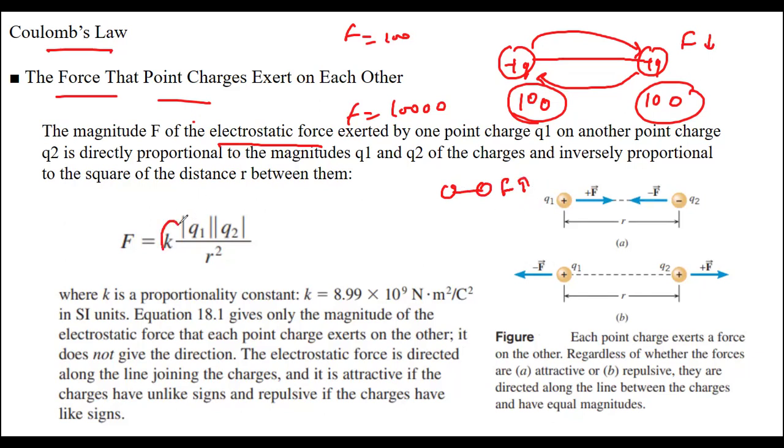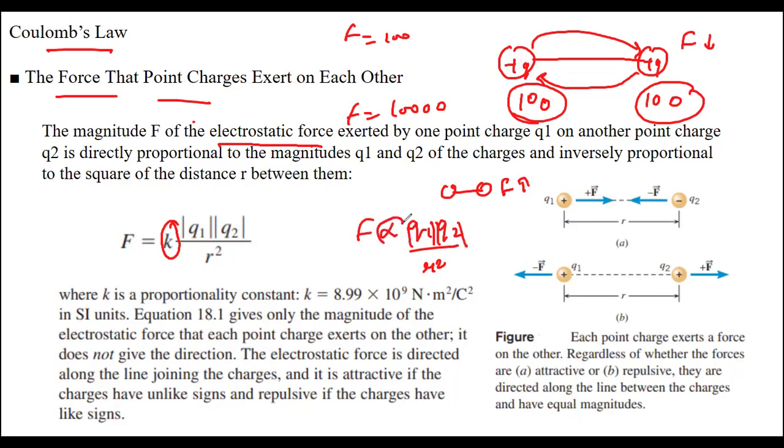And then you have to take care of this proportionality constant. Whenever we have proportionality, you might want to put some magnitude signs, because the charges can be negative as well, so these magnitude signs are important over here.